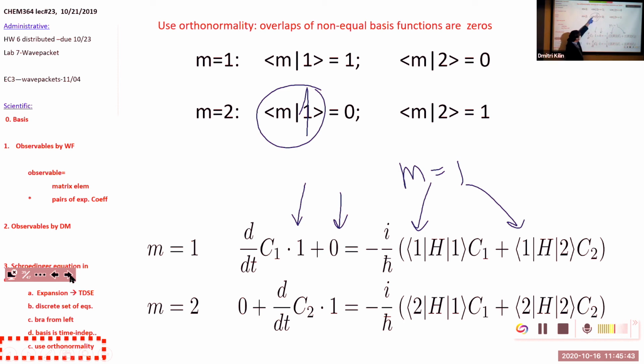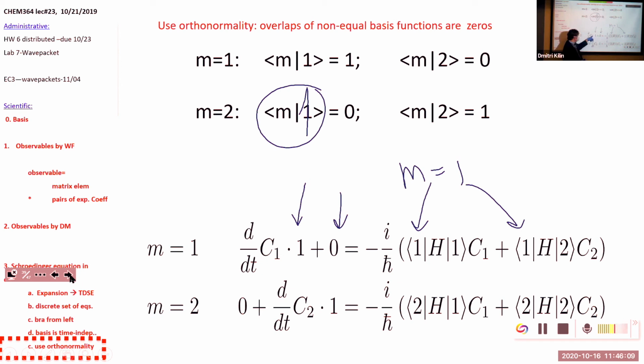So because of this property, here we drop the second part. And because of this property, in m equals 2, we drop the first part because of normalization. And here, as we were wishing, we did remove the wave function on the left part. It's only the time dependence of the expansion coefficient.